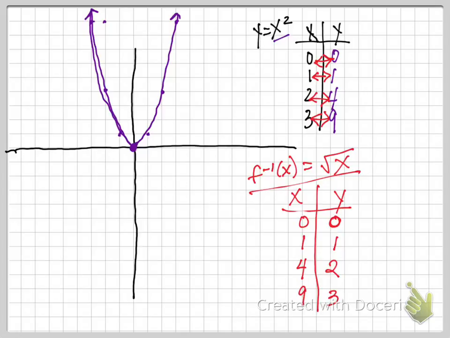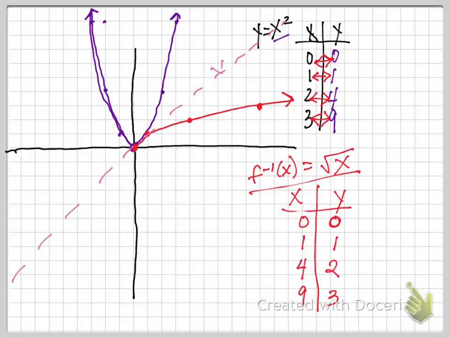So if I want to graph this, I still have 0, 0. I still have 1, 1. But now I'm going to plot the point 4, 2. And 9, 3. So my inverse function will look something like this, which makes sense because remember in the very beginning when we talked about inverses being reflected across y equals x.